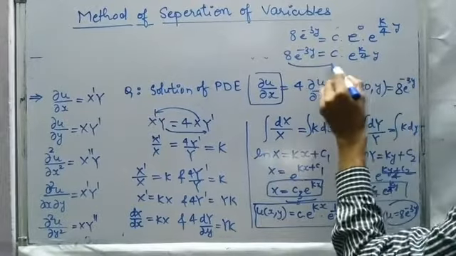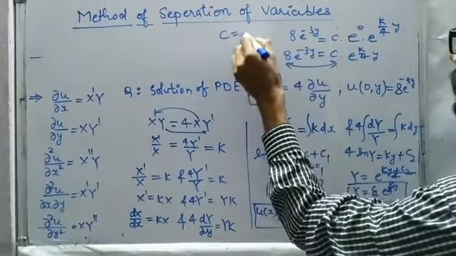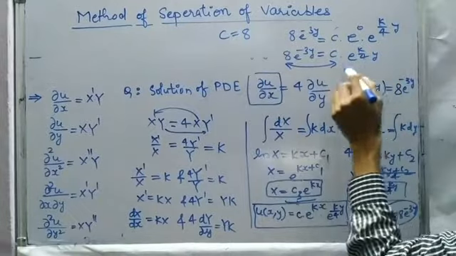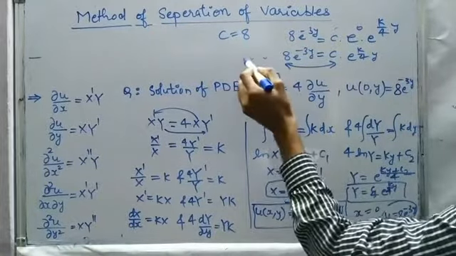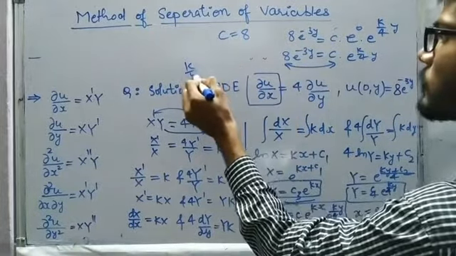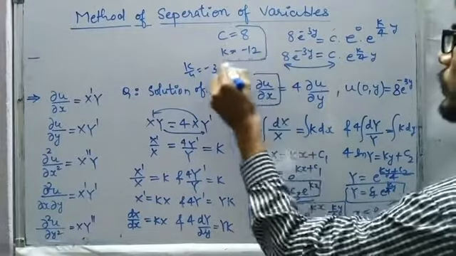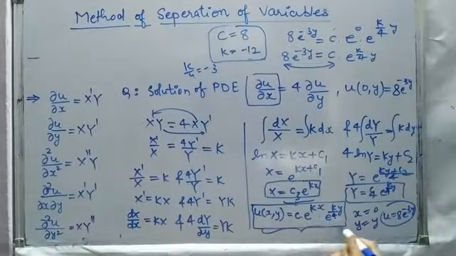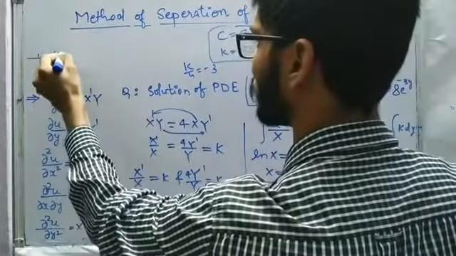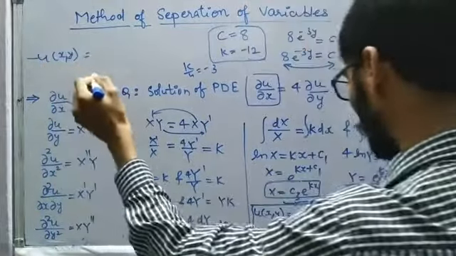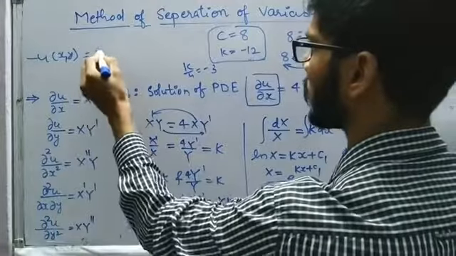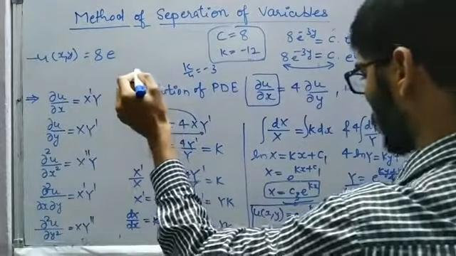So if we compare, we are going to have the value of c is equal to 8 and k by 4 is nothing but minus 3. So we have the value of k is equal to minus 12. So our answer will be u of x comma y is equal to c. C is nothing but 8 e power kx.